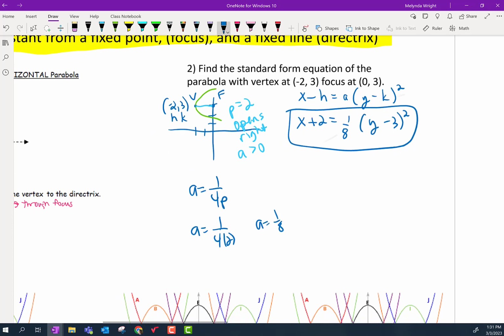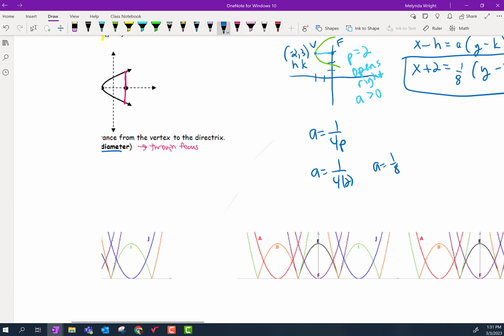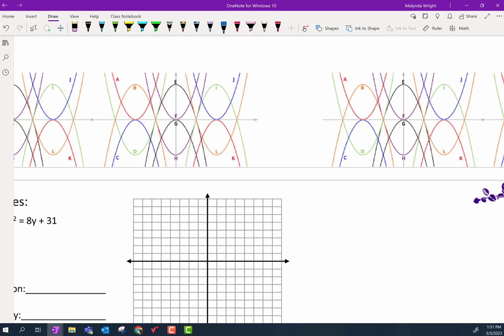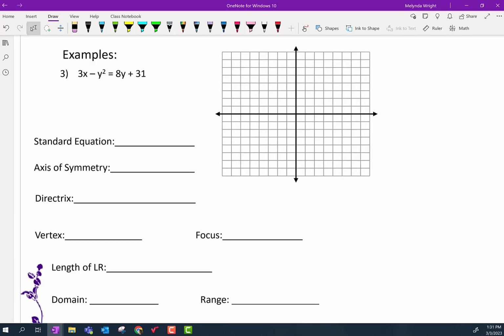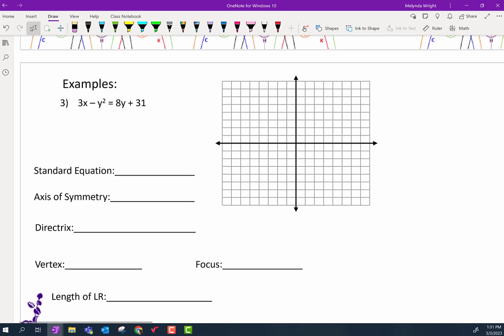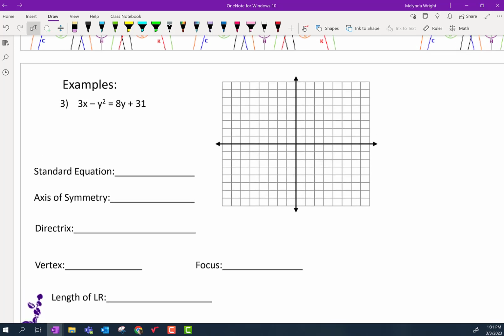Okay, now the graphing. Let's go to graphing. Okay, our formula is in general form. Okay, so for parabolas, let's look and see what we've got so we can write the general form. So we've got an x to the first power, we've got a y to the second power. That's what we got.